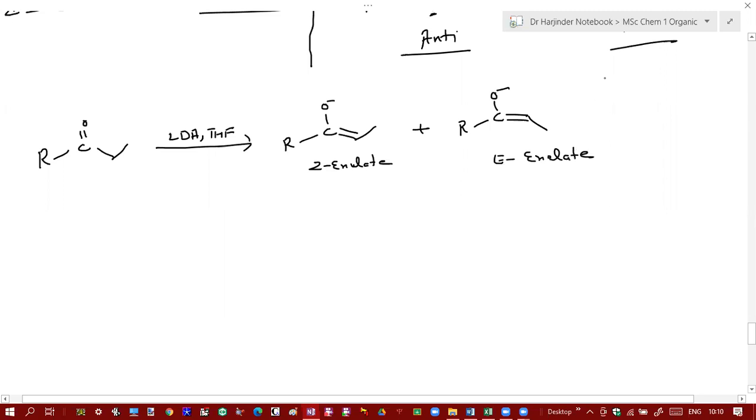Now a very important point here, beta, is that you can separate these 2 enolates.